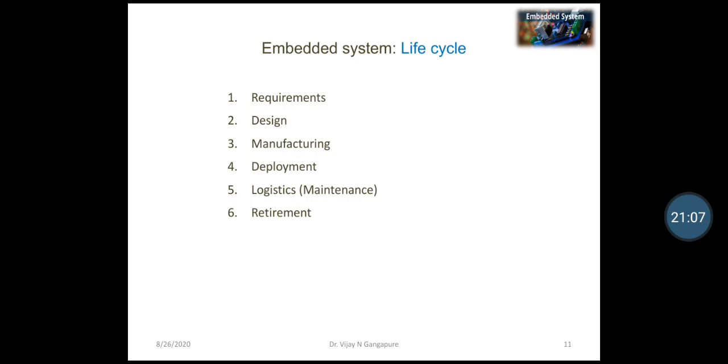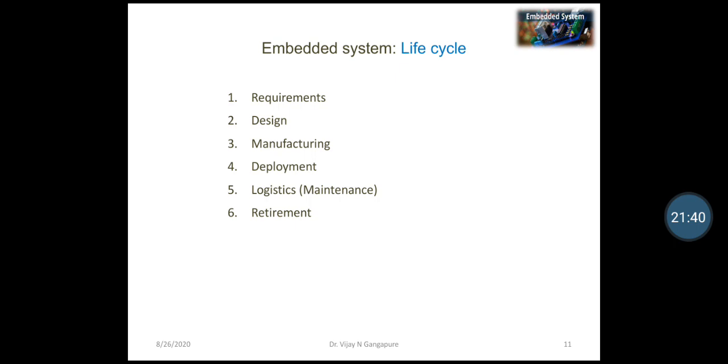In the fourth stage, that manufactured embedded system will get deployed for its operations. In the fifth stage, logistics, that means maintenance if required from the customer end, and that will be provided by the manufacturer of that embedded system. And last, after a certain period that is defined by the manufacturer, that embedded system may retire from the function to which it was employed.